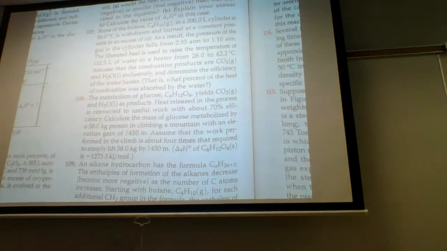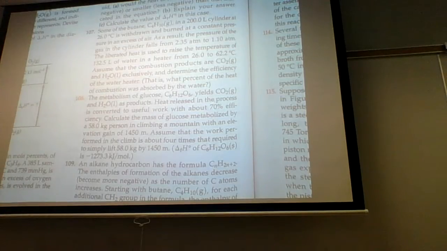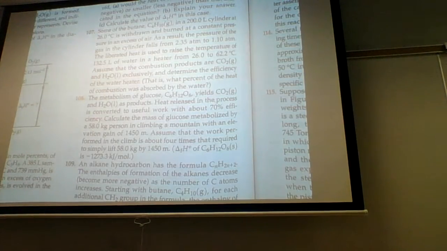And then how about O2? O2 is 0. And so let's go ahead and calculate this here. What is the delta H for this reaction? All right, so 6 times 393.5.